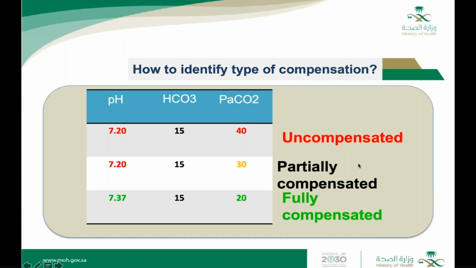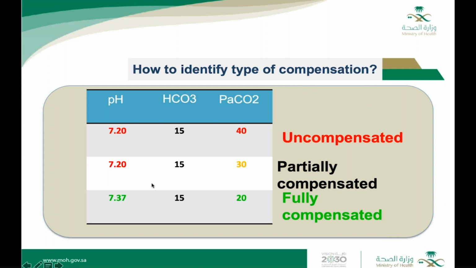Let's discuss the partially compensated, which means that the pH still did not reach the normal value, the cause is the bicarb, and the CO2 starts to go down in order to get the pH up. Here is fully compensated. Now the pH is in the normal value.